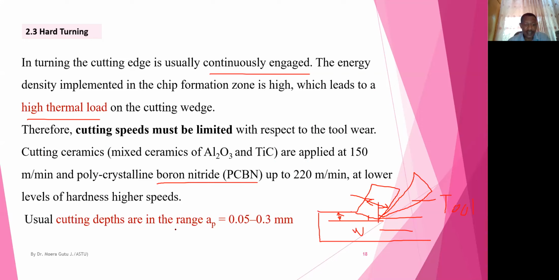Usual cutting depths are in the range of 0.05 up to 0.3 millimeter, which is very, very small. So there is a limited or optimized range which can be investigated through research. We have a maximum limit for the cutting speed when machining these ceramics, or hard turning using mixed ceramic and titanium carbide cutting tools, and boron nitride cutting tools.